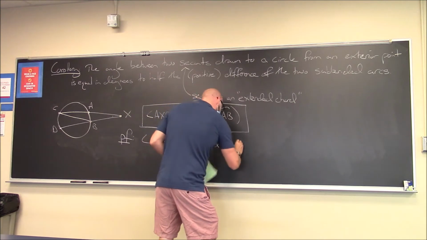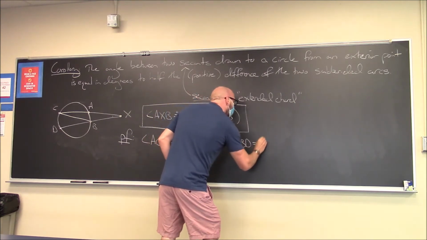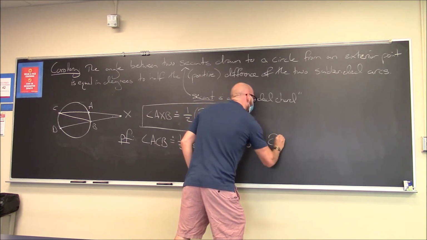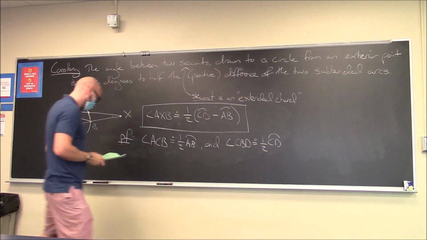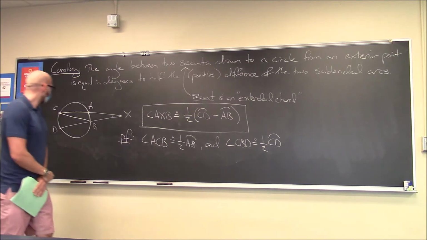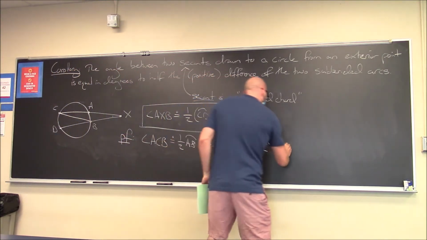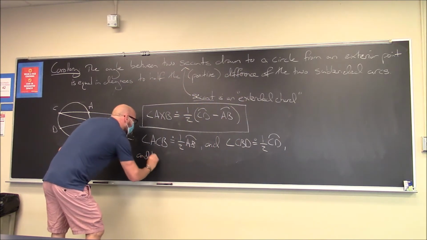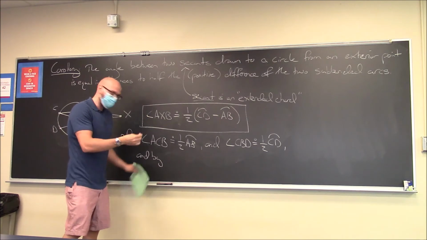Right, so angle CBD is 1/2 of the subtended arc CD. And I'm going to invoke the exterior angle theorem just like we did in the last proof.